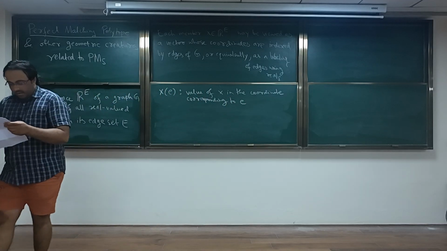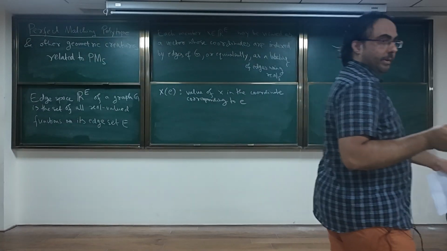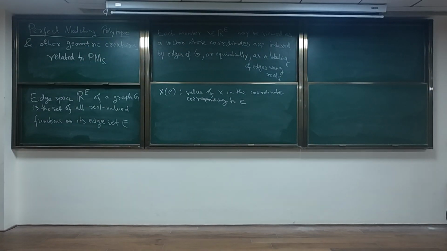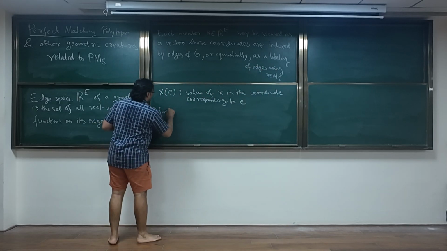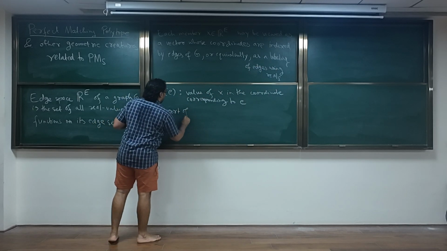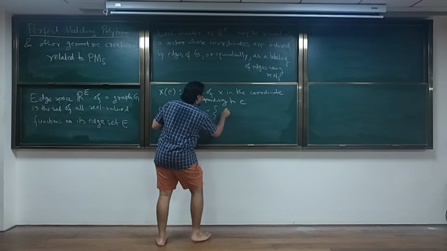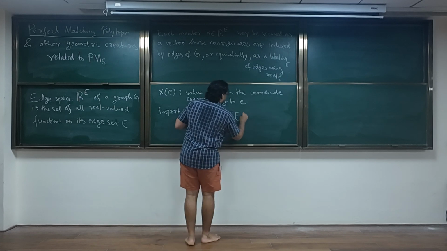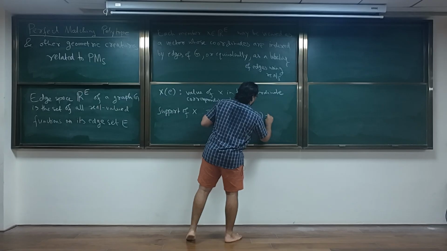All right. And the support of a vector, I guess everybody knows, the support of a vector is simply those coordinates where it is not 0. It is simply the set of all edges such that x of e is not equal to 0.